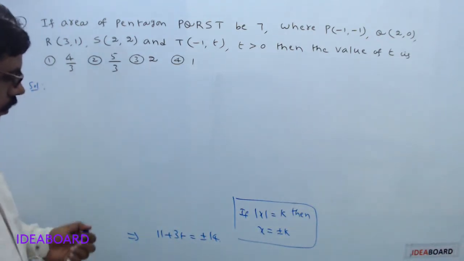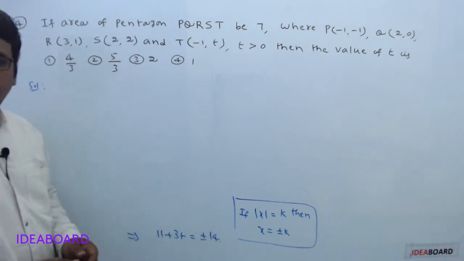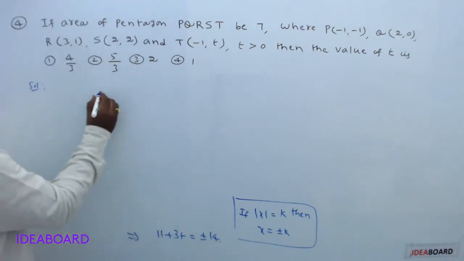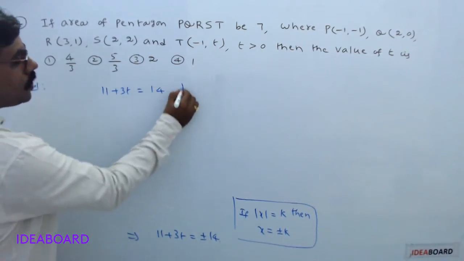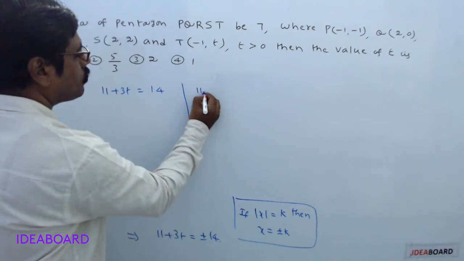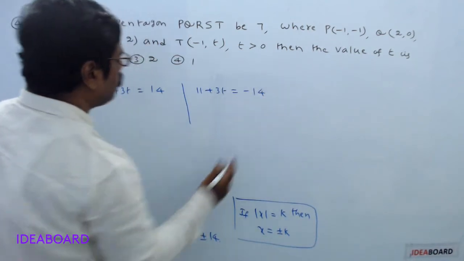Now see the continuation. 11 plus 3t equal to plus or minus 14. Now from this equation, 11 plus 3t equal to plus 14, 11 plus 3t equal to minus 14.